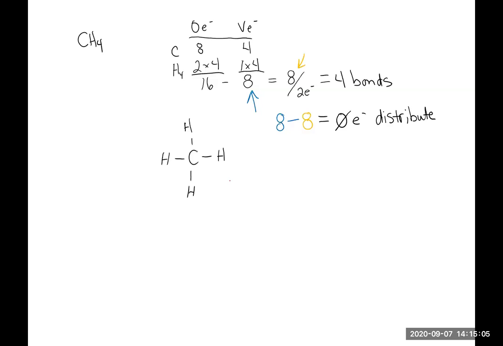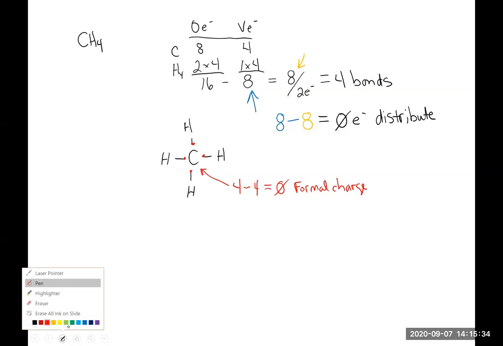So the formal charge on carbon, we're starting with the valence electrons. Carbon is in group 4A, so it has a valence of 4, and we're going to subtract the electrons that are in direct contact with that carbon, and that is 4. And so that gives us a formal charge of 0. Okay, now let's look at the hydrogens and calculate those.